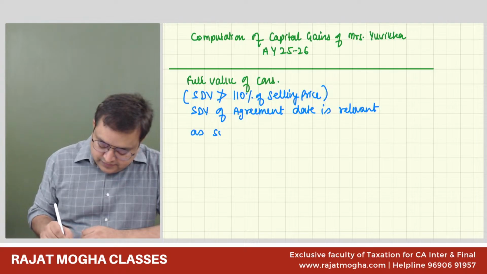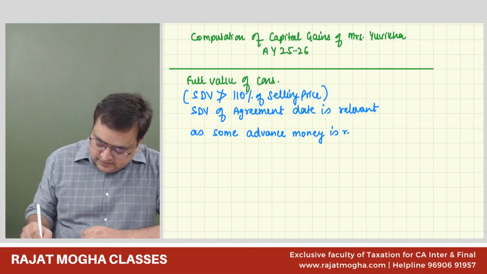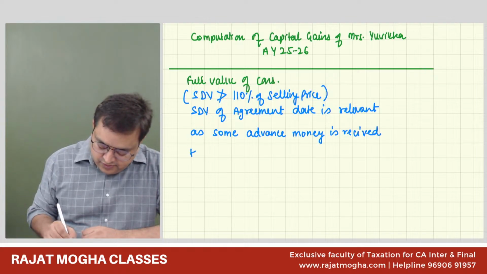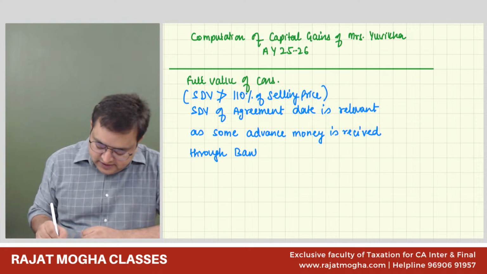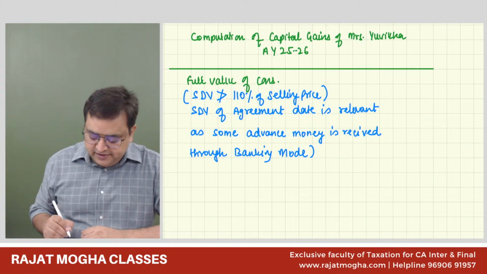as some advance money is received through RTGS or through banking mode, you can say. Here it was RTGS. So you can say that the stamp duty value of the agreement date is relevant, not the registration date.